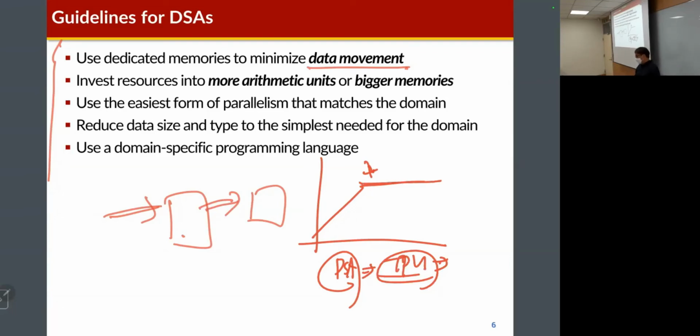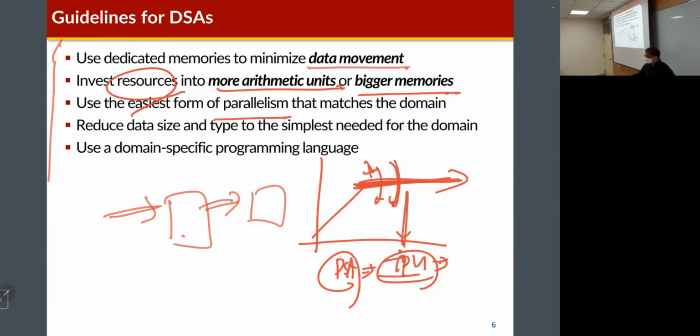In order to increase the peak computation performance for compute-intensive applications, we need to invest more hardware resources like processing engines or processing units, more arithmetic units, and also bigger internal memories or scratchpad memory. And parallelism is always good, so we need to always exploit parallelism.